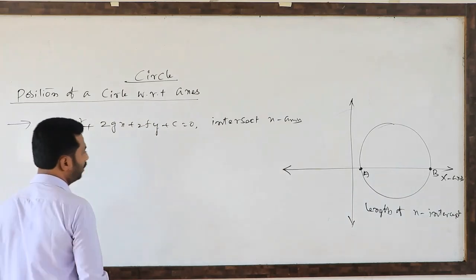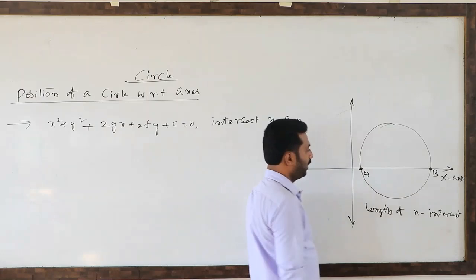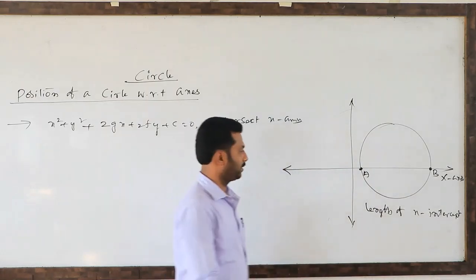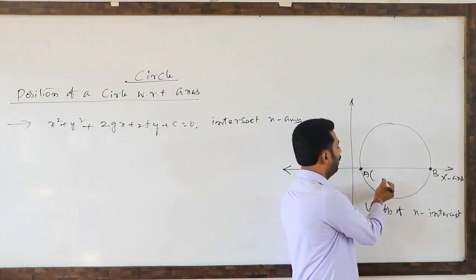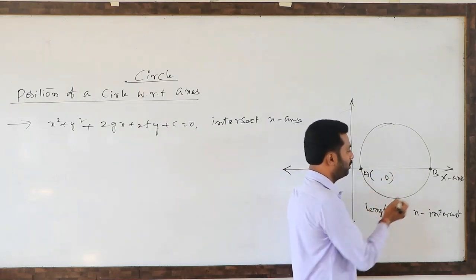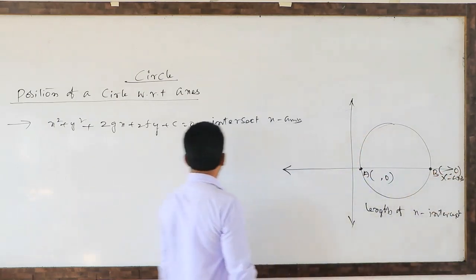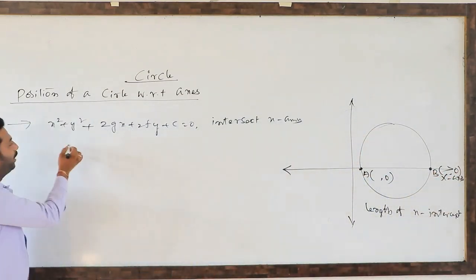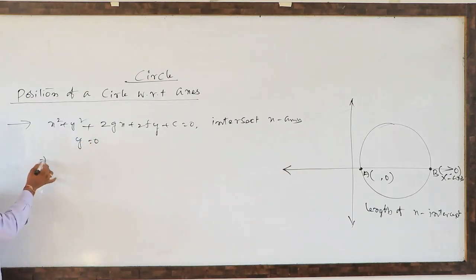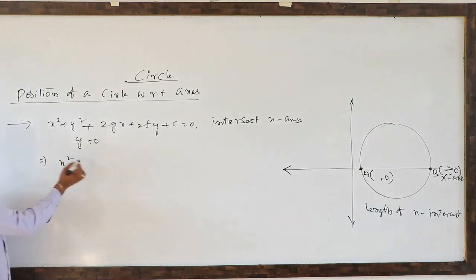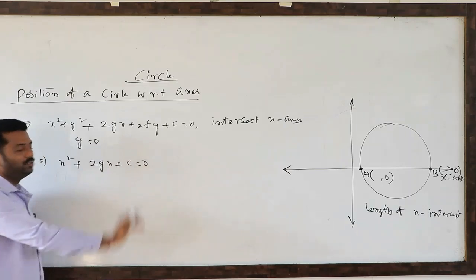Very clear. Suppose this circle meets the x-axis, that is, intersects the x-axis at 2 points. This is the point A on the x-axis, so its y coordinate is 0. Same here, its y coordinate is 0. If I substitute y equal to 0 here, then what is left? x square plus 2gx plus c equal to 0.